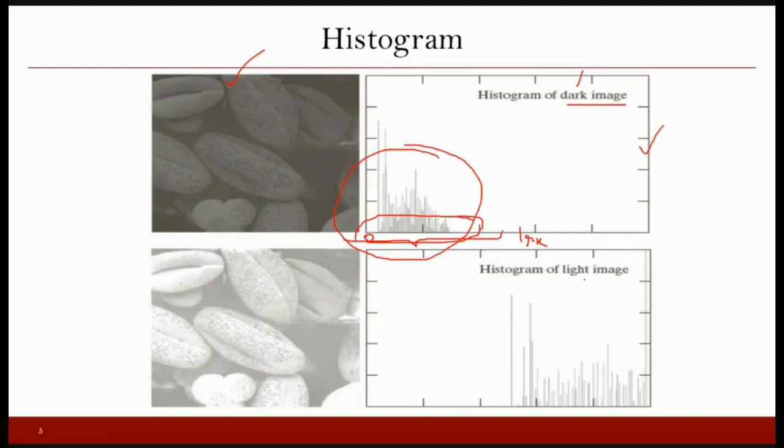Similarly, for the histogram of light images, the pixels will be brighter. That means in your image you will have more pixels with a high gray value. So in this case, the histogram will cluster towards the higher side of the range on your x-axis.